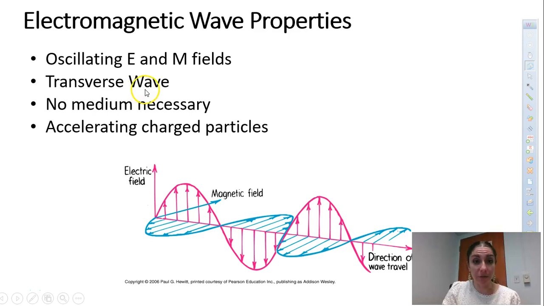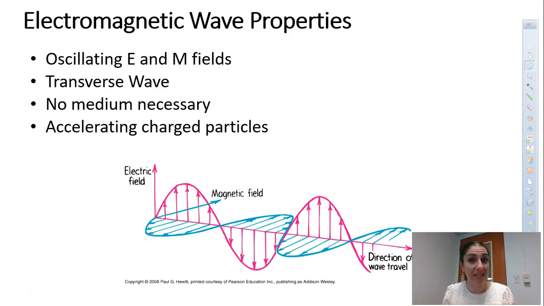Now, no medium necessary. That's a really important feature of electromagnetic waves. It allows them to travel in space or in places of vacuum. But notice the thing that's creating the wave is the electron. In other words, where we had sound, in order to create the wave for sound, we had to push particles.